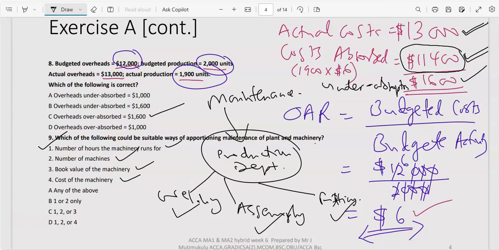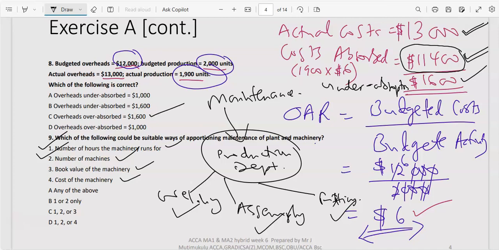What about number of machines? The number of machines also is a reasonable basis of apportionment, because in other departments there could be one machine only, and the other ones could be a blend of machines. So that's a good basis again.